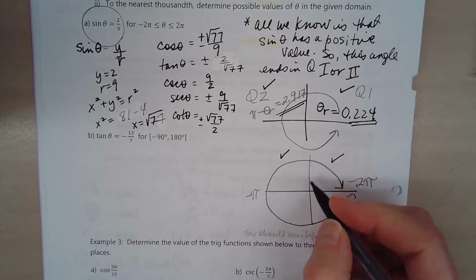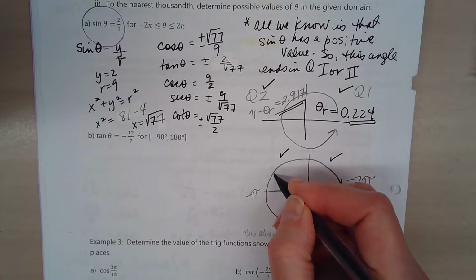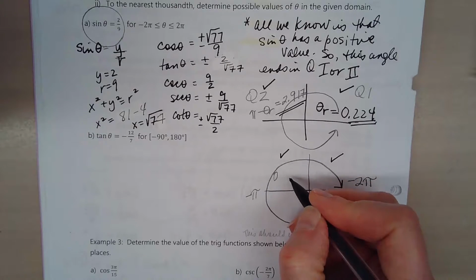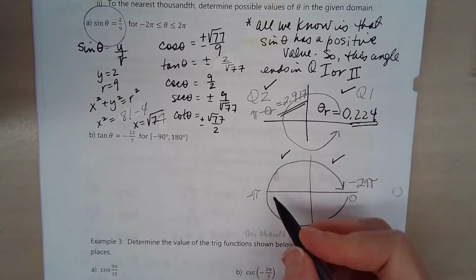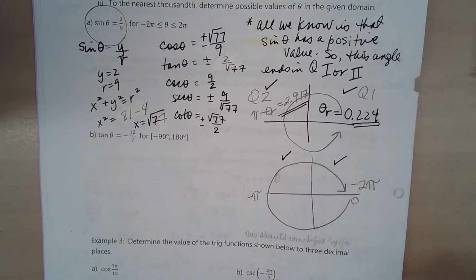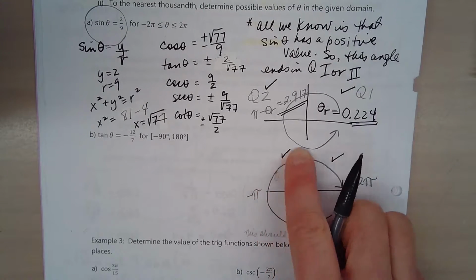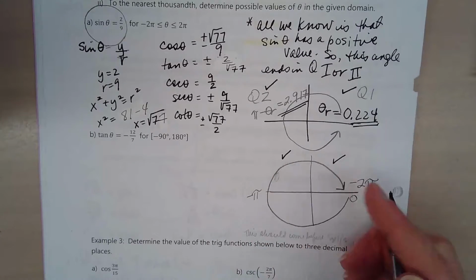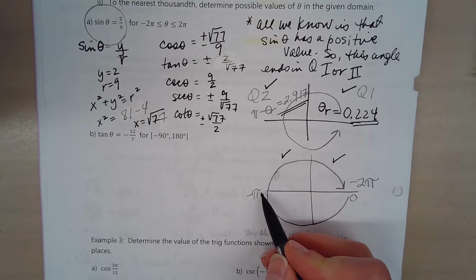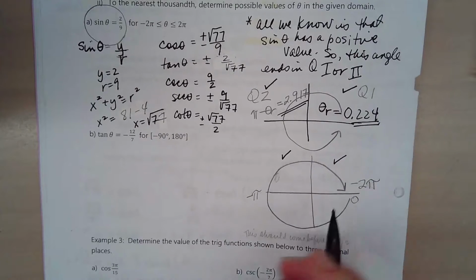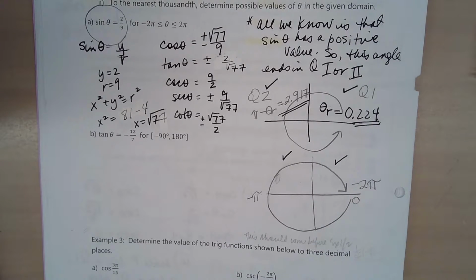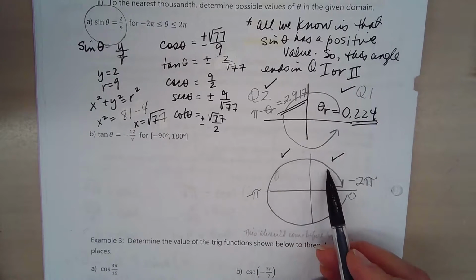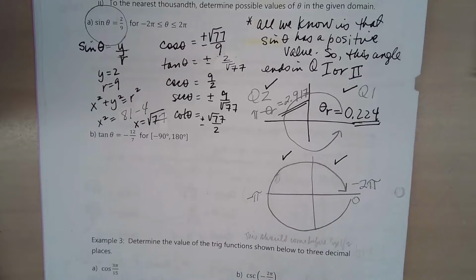So I need to find the angle associated, the reference angle in this quadrant, right? Moving backwards. So when I'm moving backwards, this angle measure has to be between negative pi and negative 2 pi. So see if you can figure out what the answer is in quadrant 2 and quadrant 1, positive 2, positive 1.